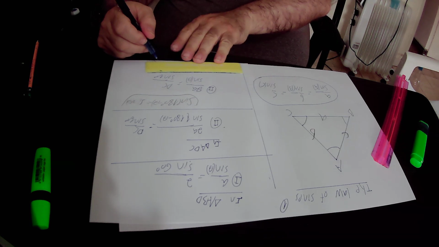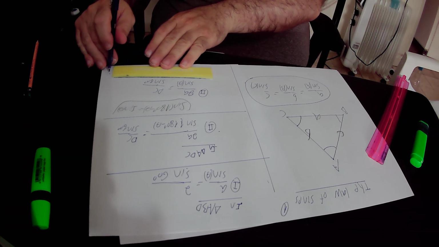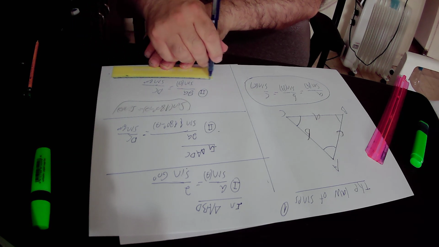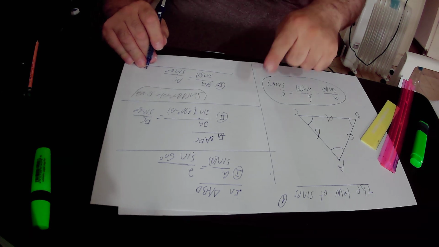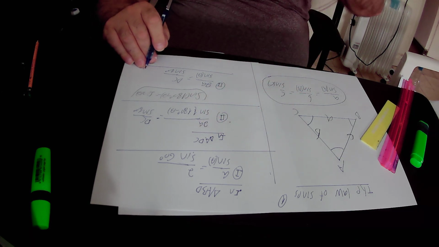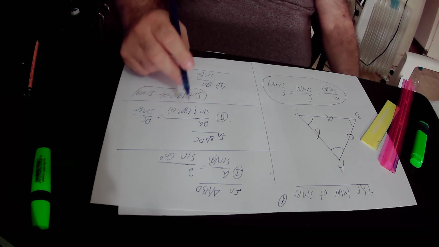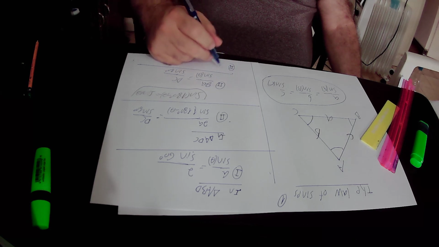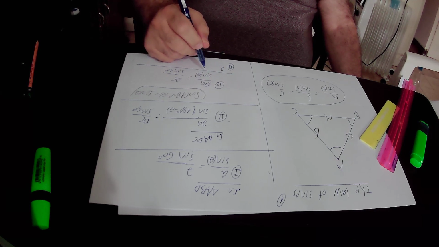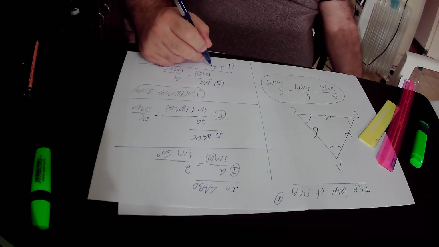In equation number 2 we have the expression A over sine theta, but according to equation number 1, A over sine theta equals 2 over sine 60 degrees, so we can substitute A over sine theta in equation number 2 by 2 over sine 60 degrees. We'll do it now, and we'll get that 2 times A over sine theta, and A over sine theta equals 2 over sine 60 degrees according to equation number 1.